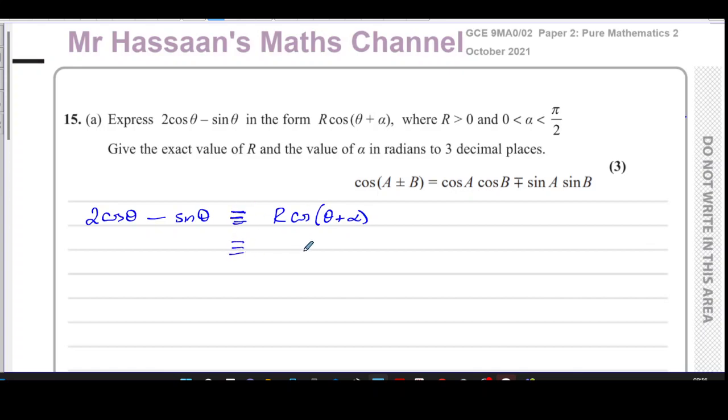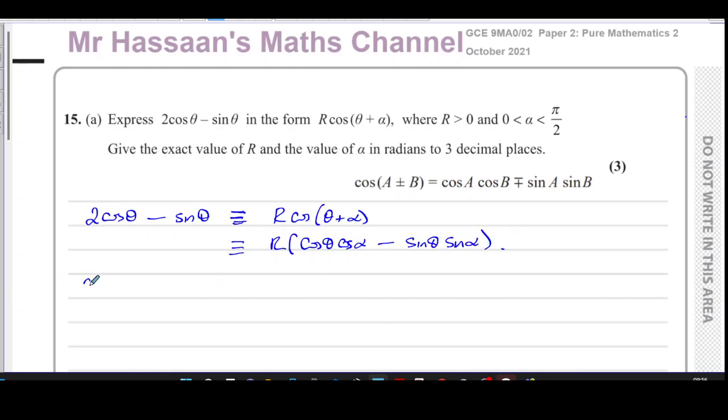So if I use this to expand, I have r times, and if I use this pattern here, I'll have cosine theta times cosine alpha. Now there's a plus here, there's going to be a minus there, and you'll have sine of that first angle, which is theta, times sine alpha.